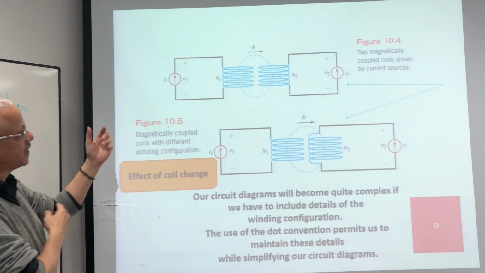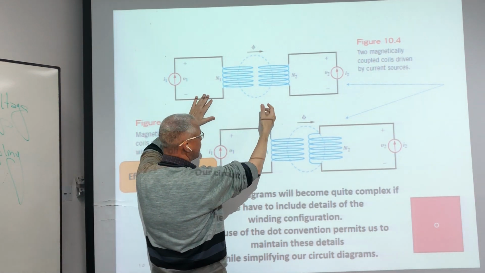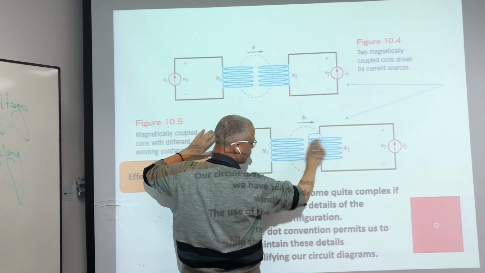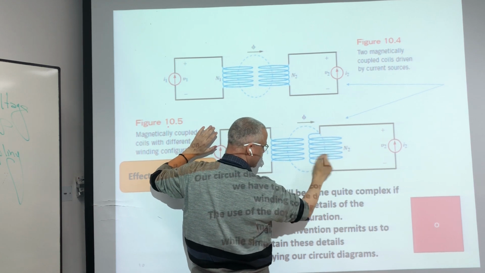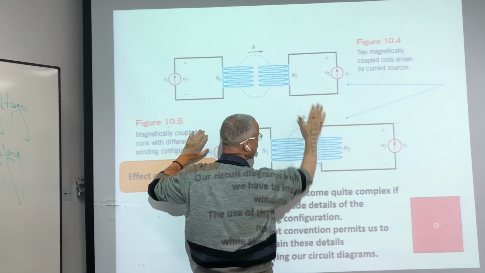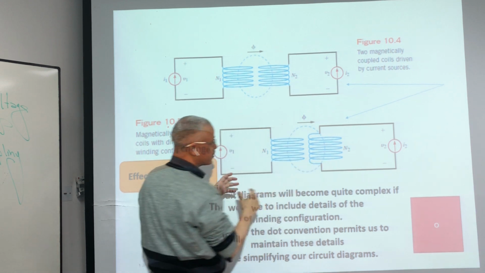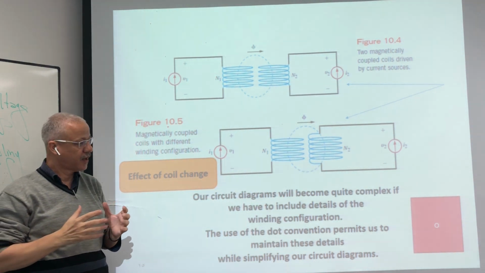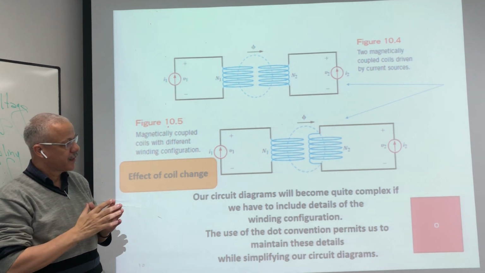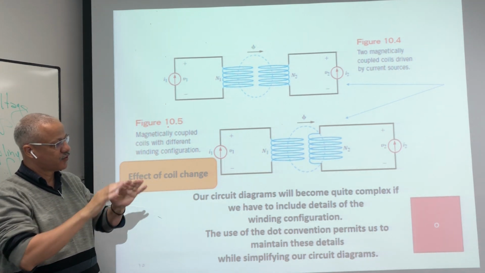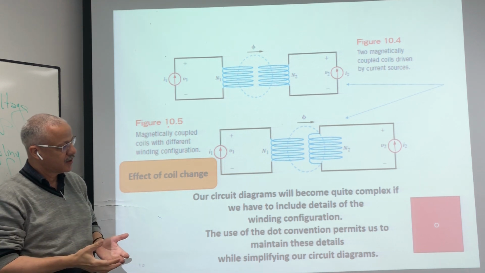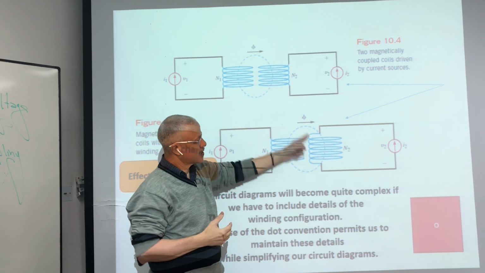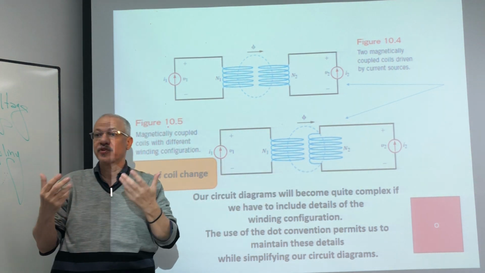Same here. These two circuits, if you make this coil like this one, what happens if you change the direction and make it like this one? So here I changed the configuration of the turns, and here I have a problem. As I told you in the beginning, we have a transformer, and the transformer is totally enclosed. So how can I know if this winding is like this one or like this one? So we have different configurations.